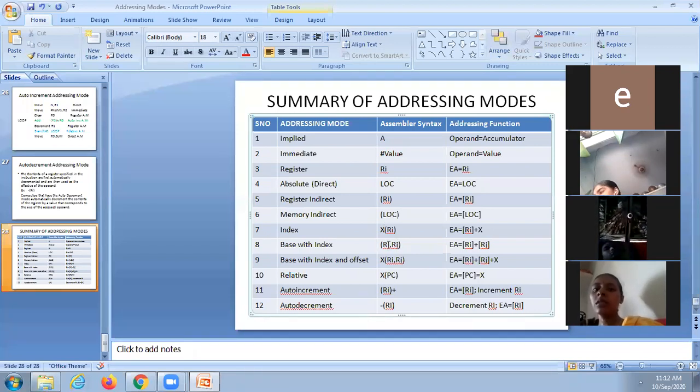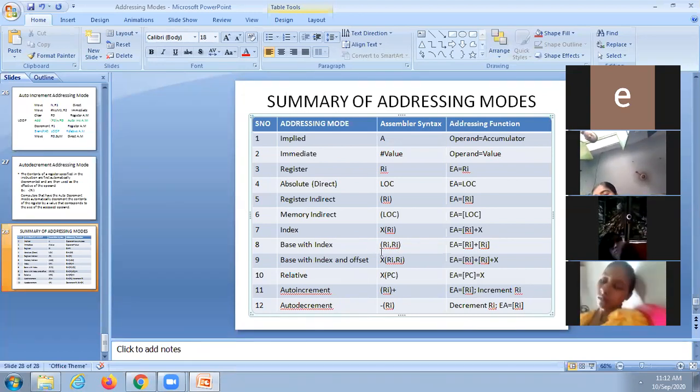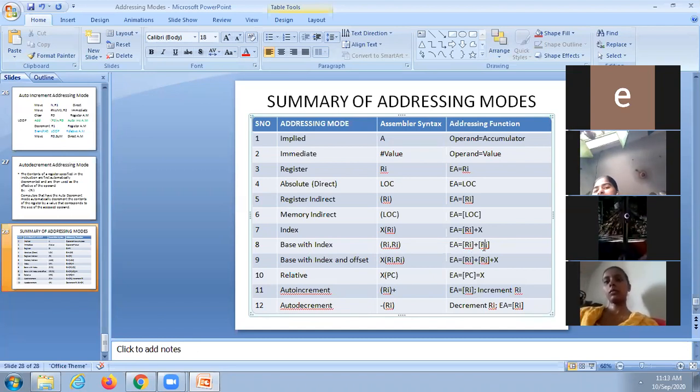Ri is base and Rj is index, or you can call it as Ri is index and Rj is base. No problem, it is only for representation. To get the effective address, the address stored in Ri and the address stored in Rj are to be added, nothing else. If these two addresses are added, you will get the effective address.